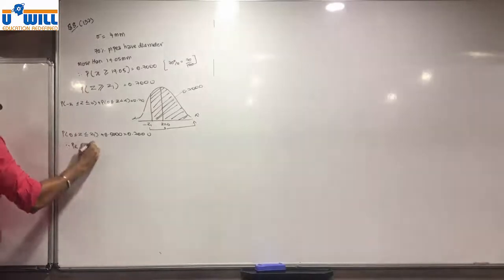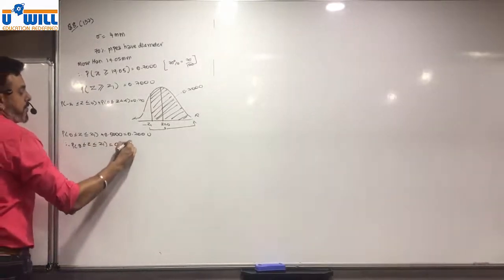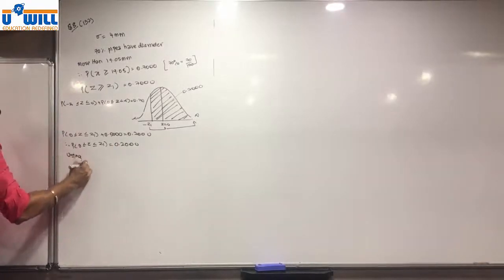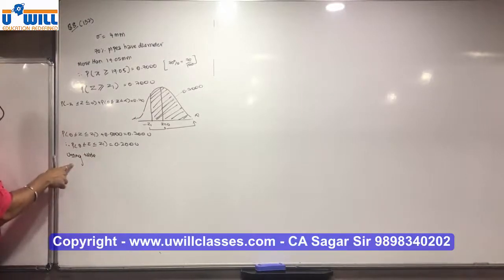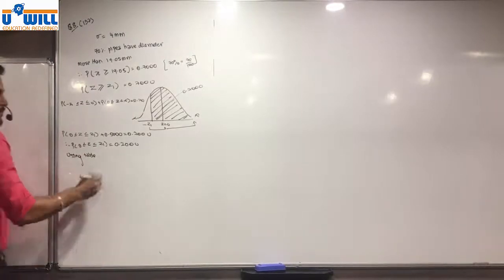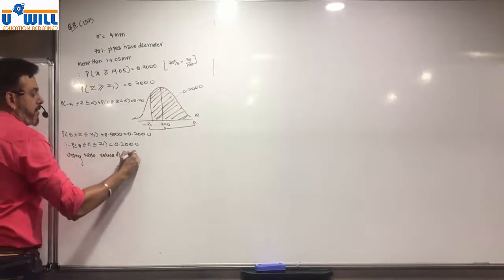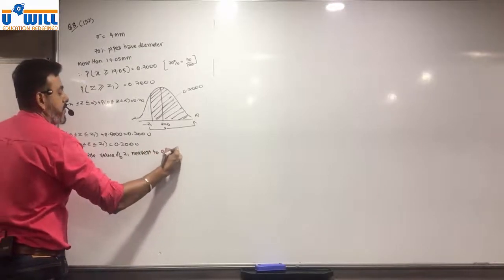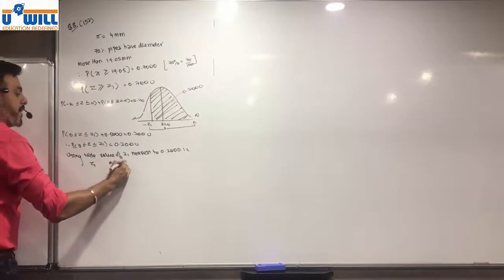Therefore, probability of Z between 0 and Z1 is 0.2. Using the table, you have to write all these things. Using the table, the value of Z1 nearest to 0.2000.